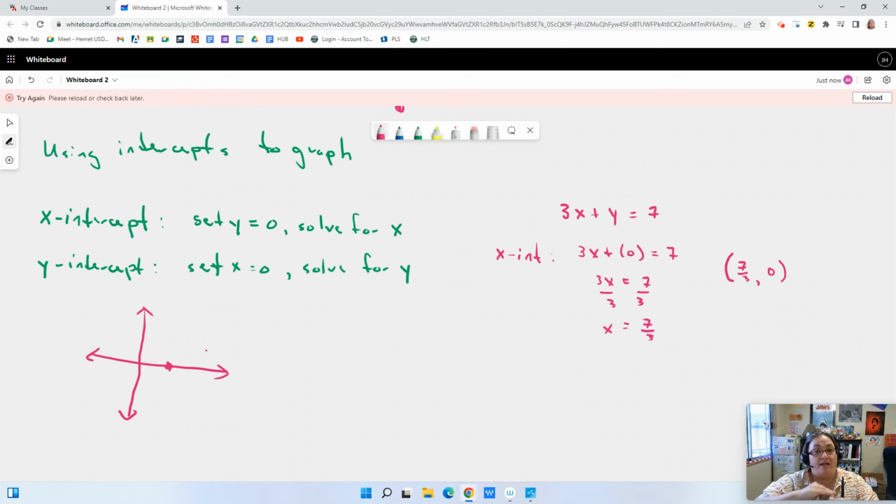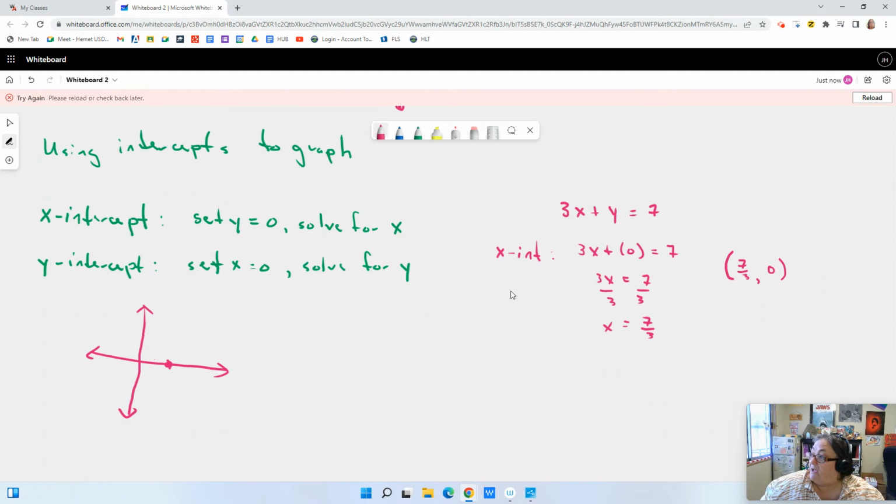Anytime you're on that line, your y is 0, because you're not going up or down from that line. So anything on that line for y is going to be 0, because y is basically counting your distance up or down from that x axis, if that makes sense.